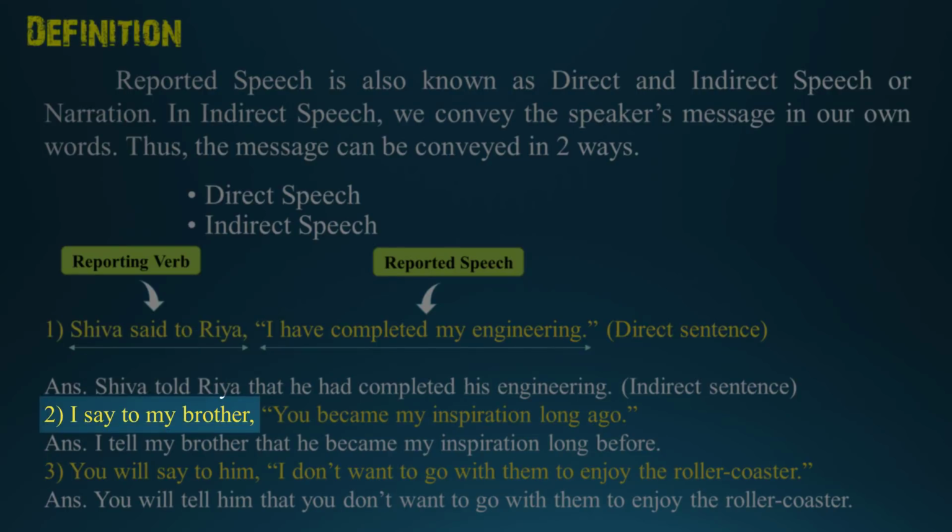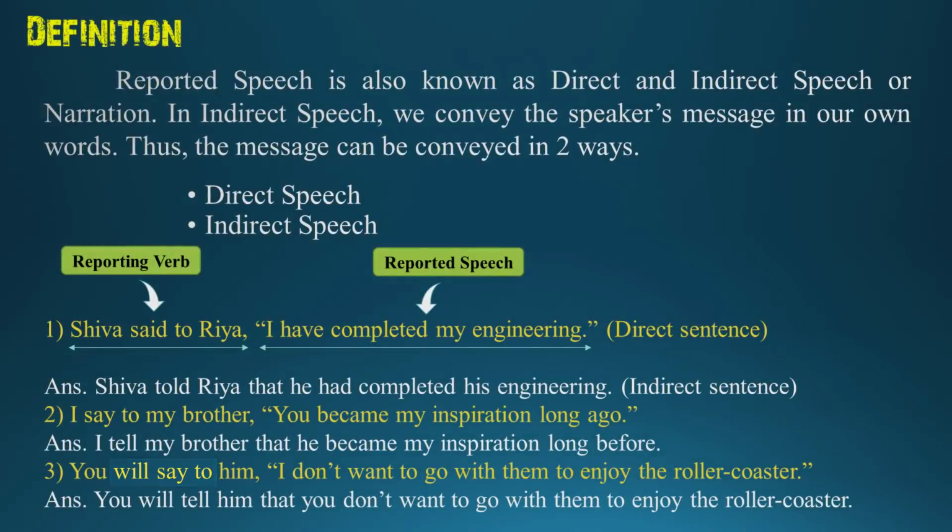In the second example, say to is there and it is present tense. And in the third example, there is will say to and it is future tense. In these three sentences, there are different tenses and you have to keep that in mind while changing. So, why did said to become told, why did say to become tell, and why did will say to become will tell?